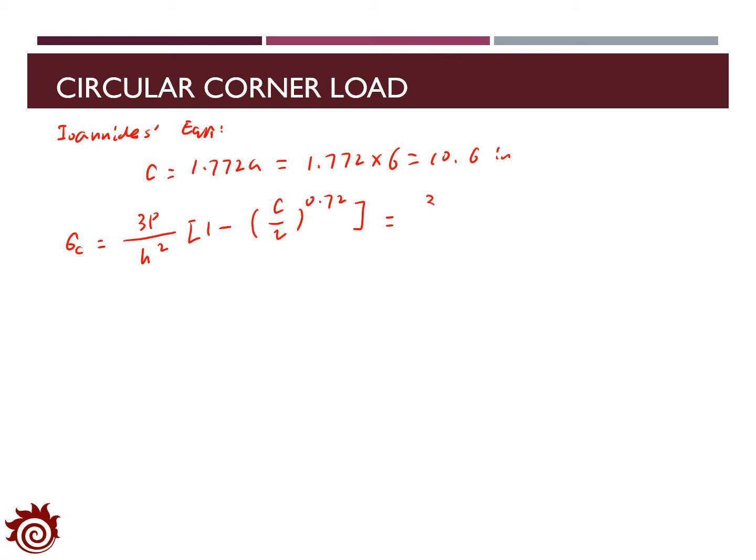which gives you the value of 3 times 10,000 divided by 10 squared times (1 minus (10.6 divided by 42.97) to the power of 0.72), which will give us the result as 190.3 psi.